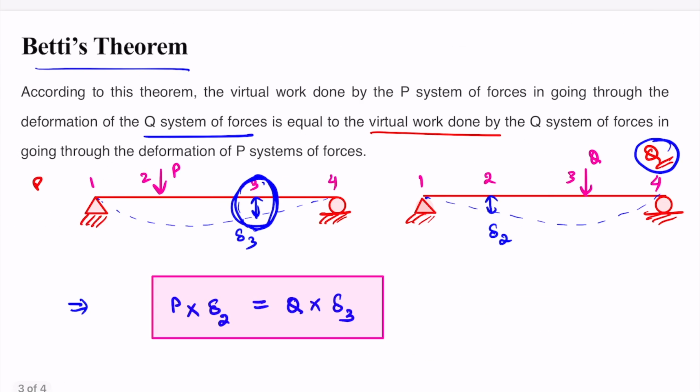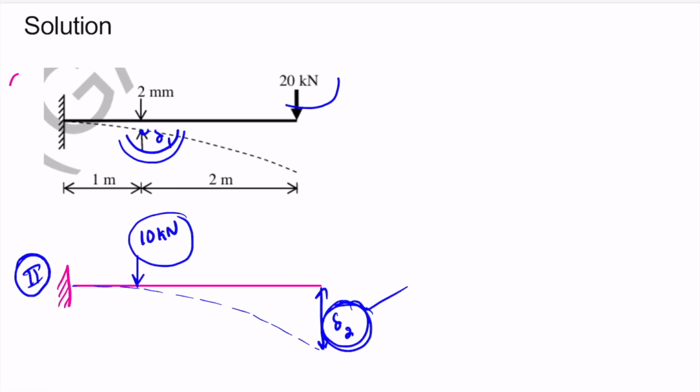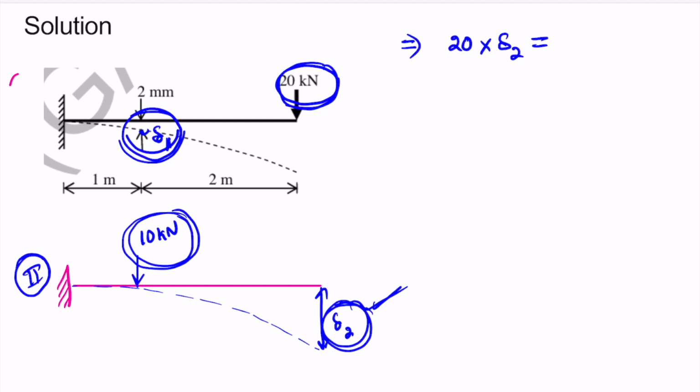So if we apply the same theorem here, it will be 20 multiplied by, so the load from the first system multiplied by the deformation in the second system at the same location, which is delta 2, will be equal to the load in the second system, which is 10, and the displacement in the first system at the same location, which is delta 1.